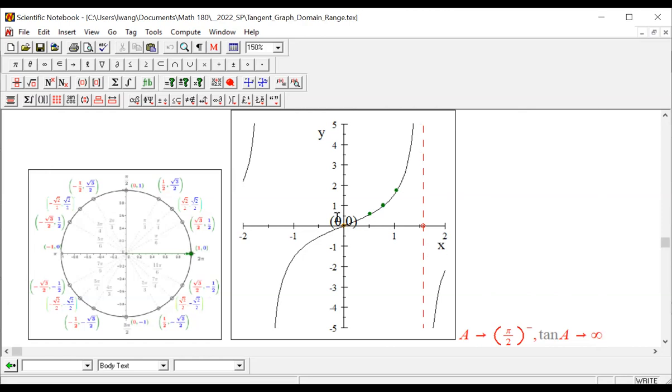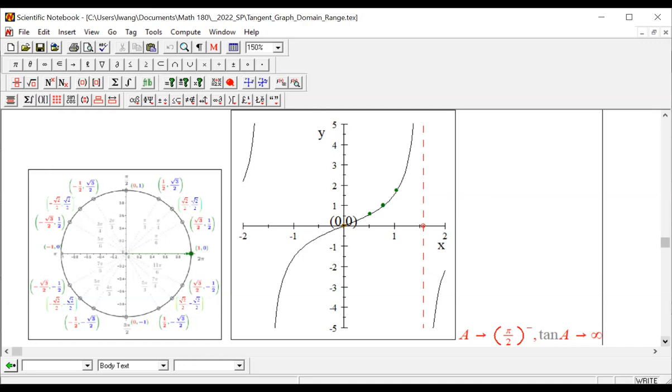Okay, so we're done with the first quadrant. And next we're going to do the fourth quadrant. When we do the fourth quadrant, guess what? We notice that at negative pi over 2, we encounter -1 divided by 0 for a tangent ratio. So negative pi over 2 cannot be in the domain as well, okay?